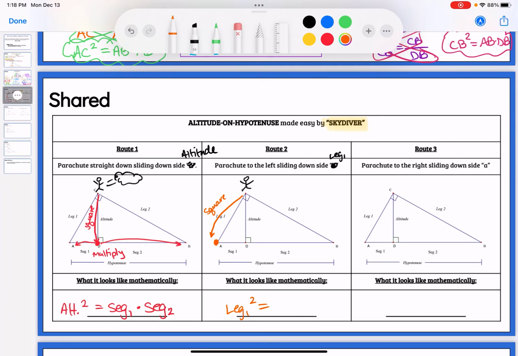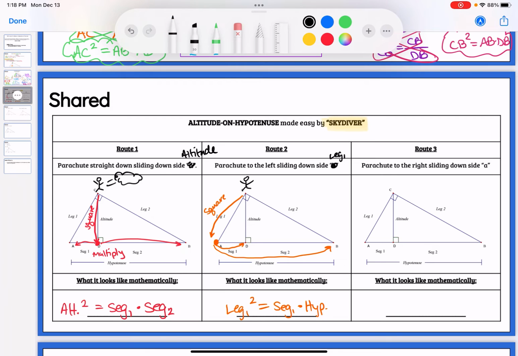Well, he could walk just segment 1 and stop at D. Or he could walk the whole hypotenuse and land over here at B, but he can't magically teleport and only walk segment 2. That's not going to work. He's got to start at A, right? So leg 1 squared equals segment 1 times the whole hypotenuse. But he can't do segment 2.